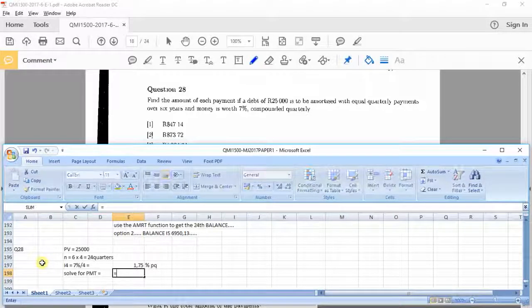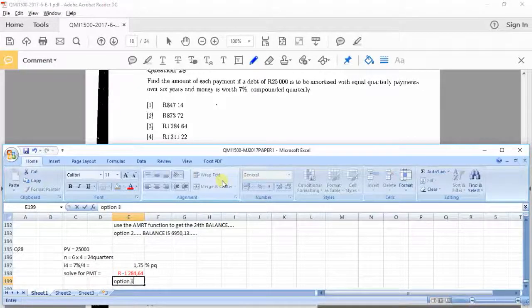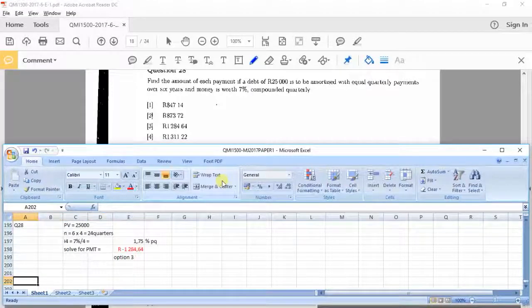Solve for the payment, PMT. The rate was 0.07 divided by 4. The N was 6 times 4. The PV was 25,000. The payment comes out to 1284.64. Option 3.